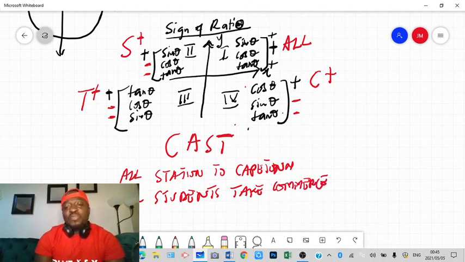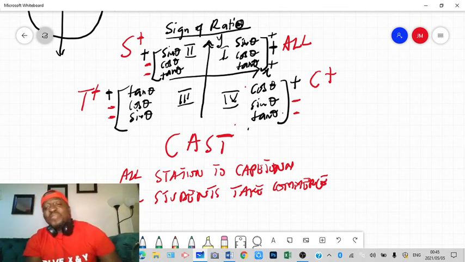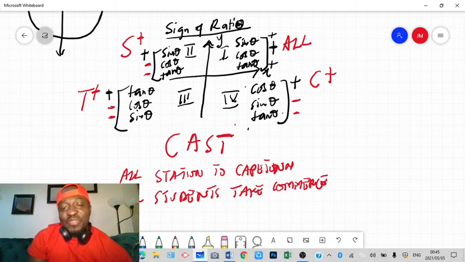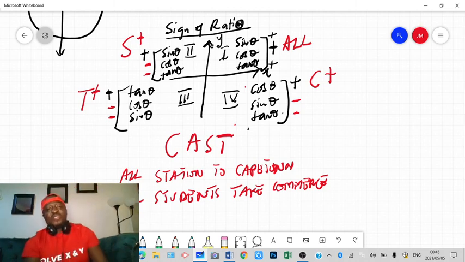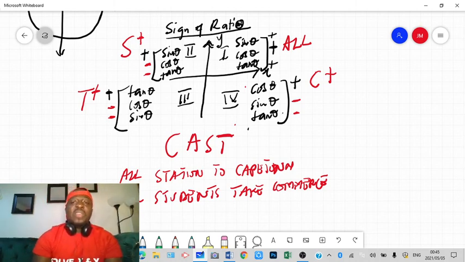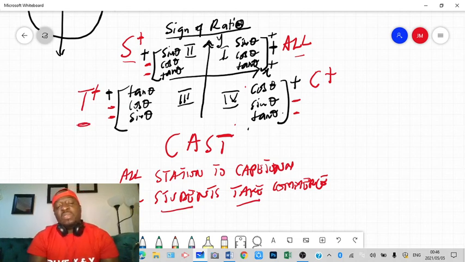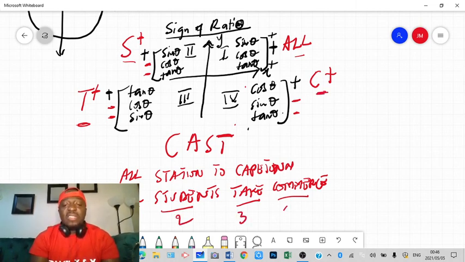It may never be true, some do science, but for commerce students, it makes it easier for you to remember that if you're doing commerce, then it goes for you. But that is an easy way to remember, meaning the All means the first quadrant, Station means the second, Take means the third, and then Commerce means the fourth. So it's in that order: first, second, third, and fourth.